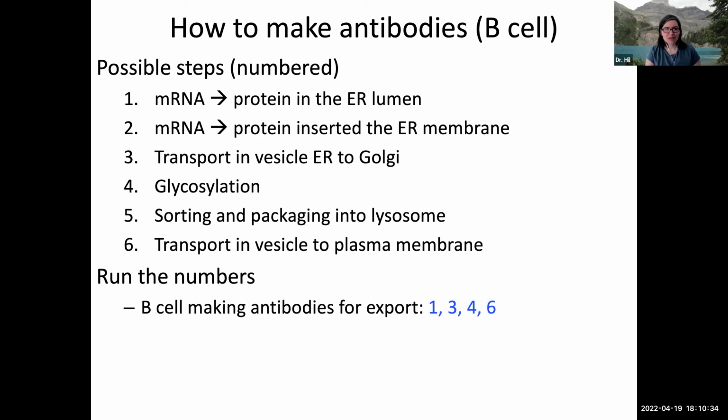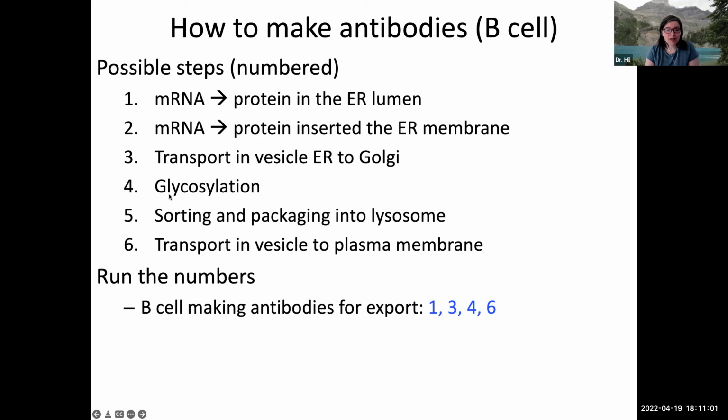You package it up into a vesicle that goes from the ER to the Golgi. And it's in the inside of this vesicle, right? So it gets packaged up, surrounded by membrane. That vesicle goes off to the Golgi. It then fuses to the Golgi, and it's dumped into the Golgi lumen, right? The inside of the Golgi. Since it's going outside the cell, it has to be decorated with sugar.